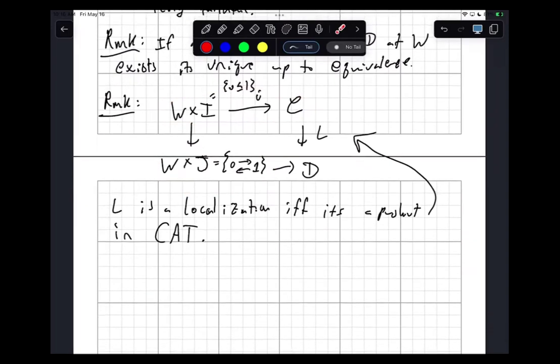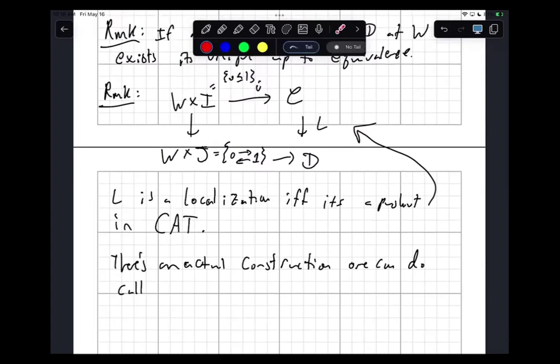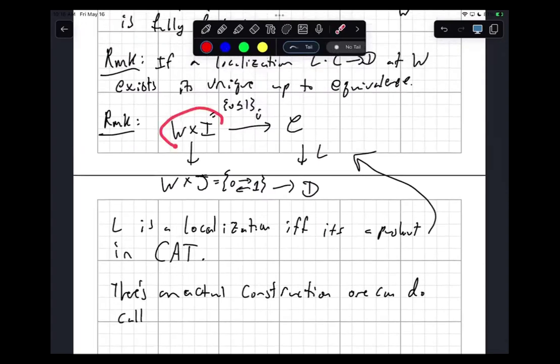Now there's an actual construction one can do. Instead of a discrete category, you can also, don't you need to take the smallest category containing all those morphisms? No, because what I want is I want to take a pair, which is a morphism.